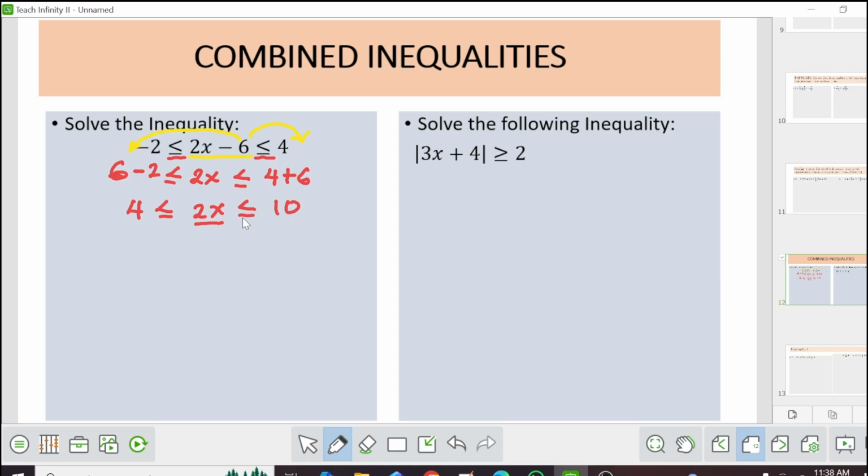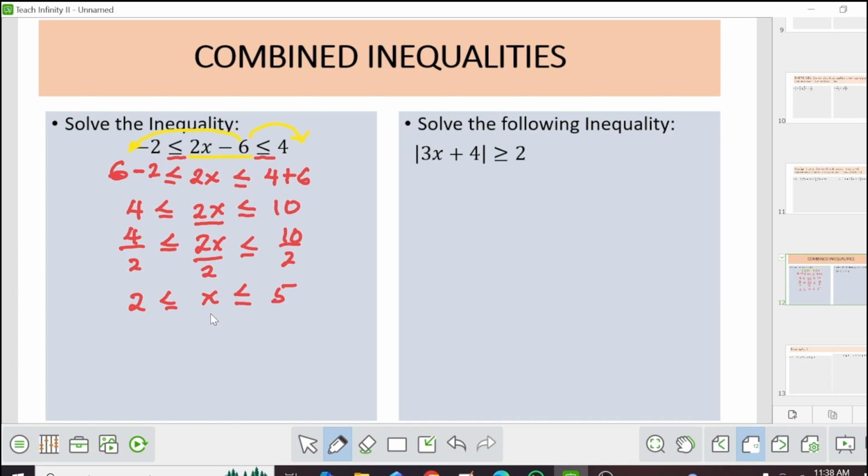So I divide every term by 2: 4 divided by 2, and 10 divided by 2. So I have 2 less than or equal to x less than or equal to 5. This will be my expression.